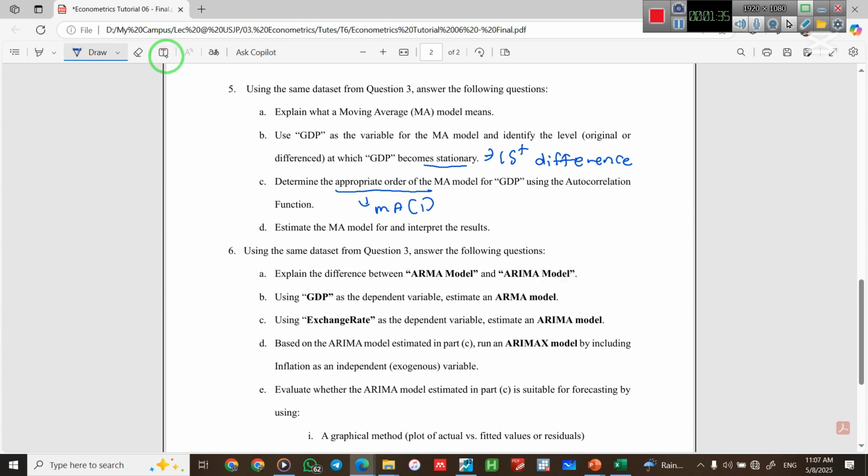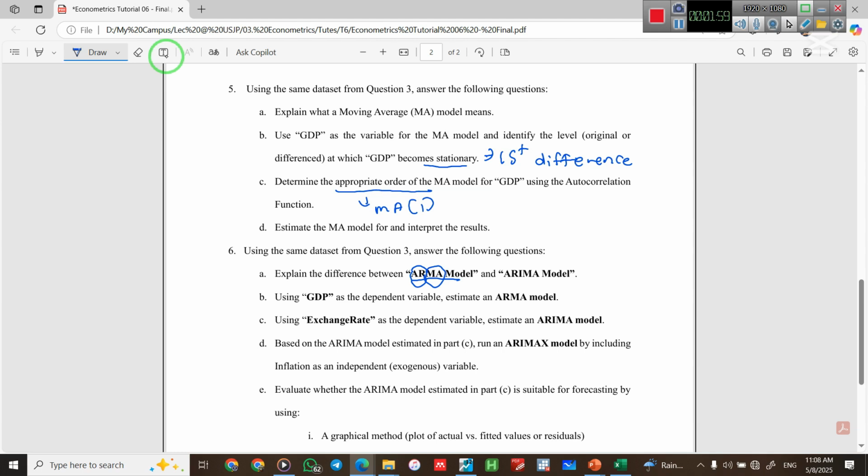First we are going to discuss the ARMA model. As the name suggests, there is an AR term and there is an MA term. Simply, the ARMA model is a combination of the AR model and the MA model.